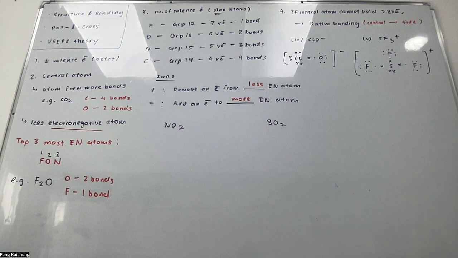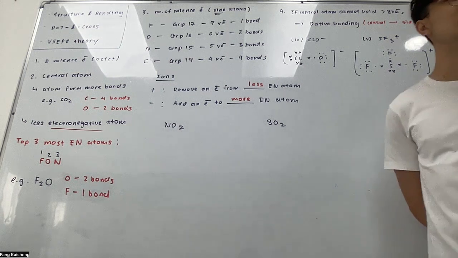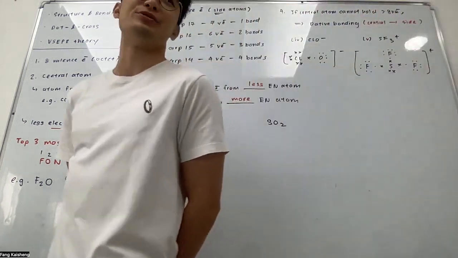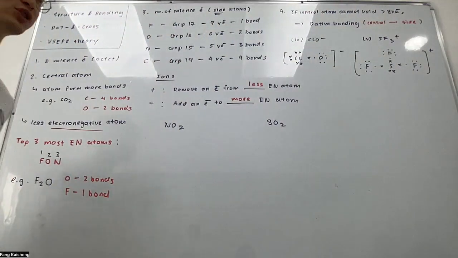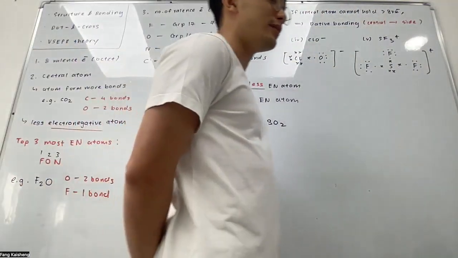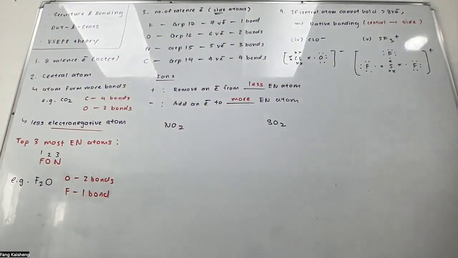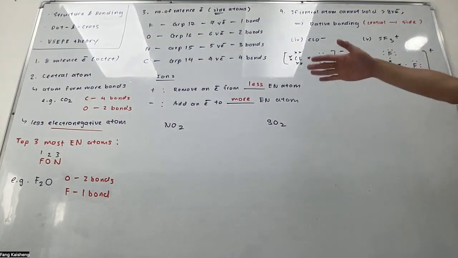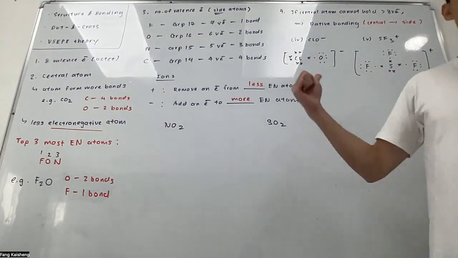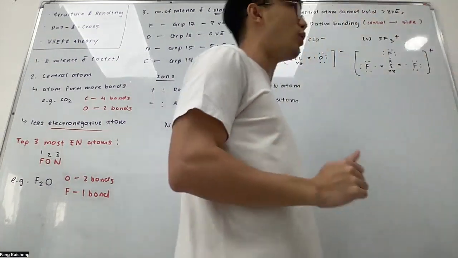You might encounter some problems for NO2, no worries. There's a reason why I'm asking you to draw this, because it's a good transition to the next segment. There will be issues with NO2 because I haven't taught you a new idea yet. But SO2, I expect you guys to be able to draw.